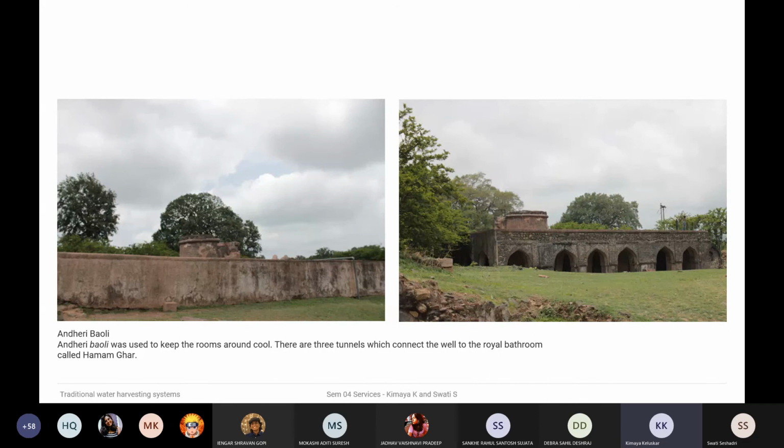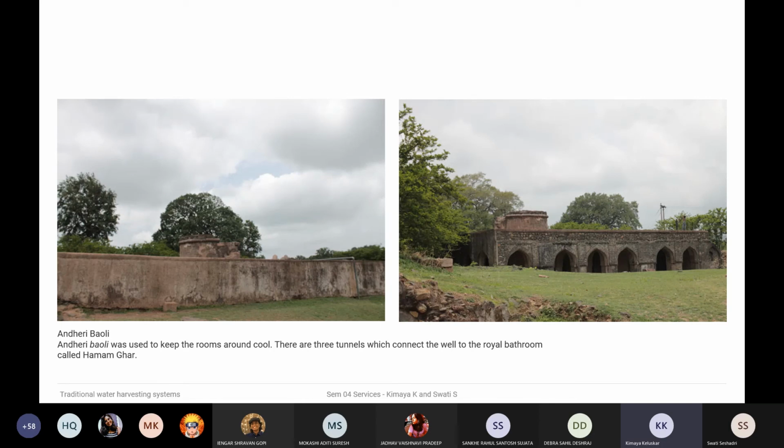The kind of arrangements you need to make sure that your water is adequate for the entire year. Then there is the whole idea of the Ujala Baudi, and I think the Andheri Baudi as well, which is a very closed one, which will definitely be a resort for the summers. It is Andheri because it's closed; it's not an open one where the evaporation rate is much higher.